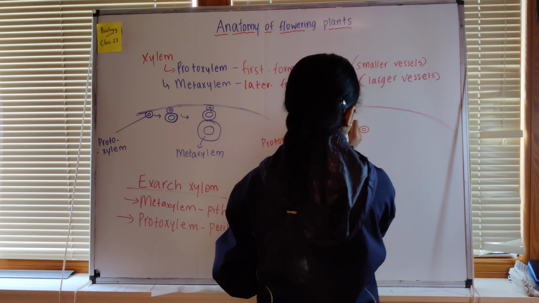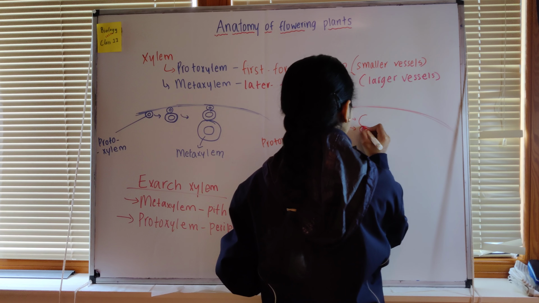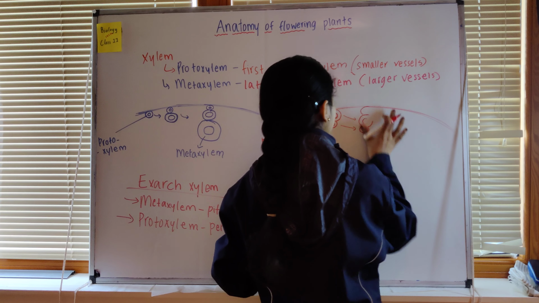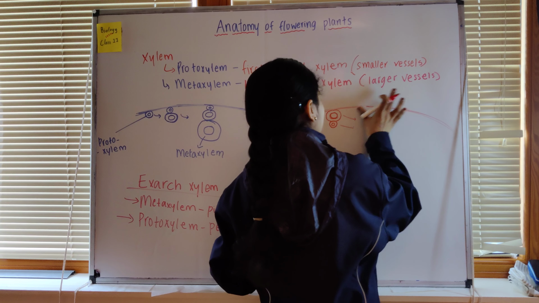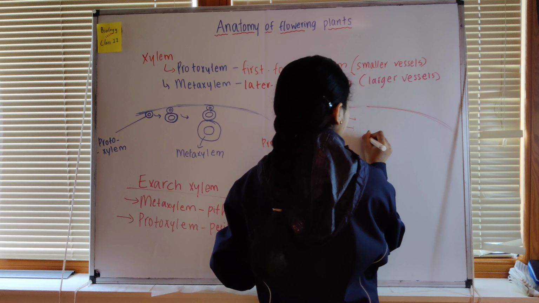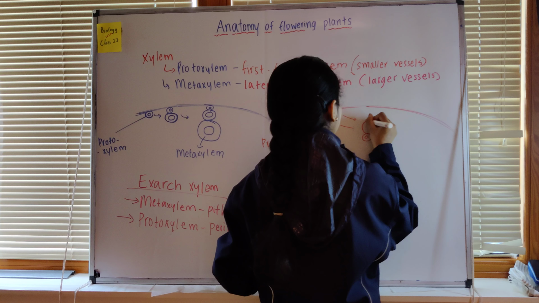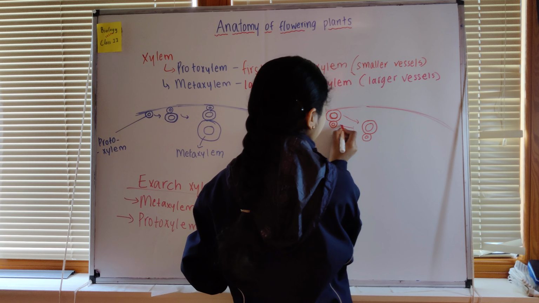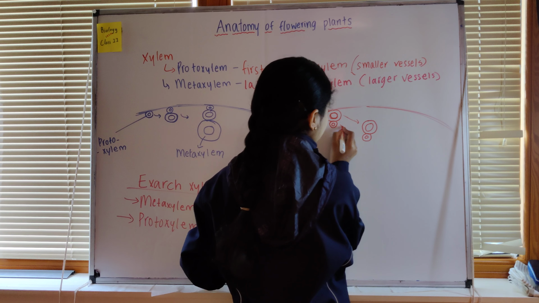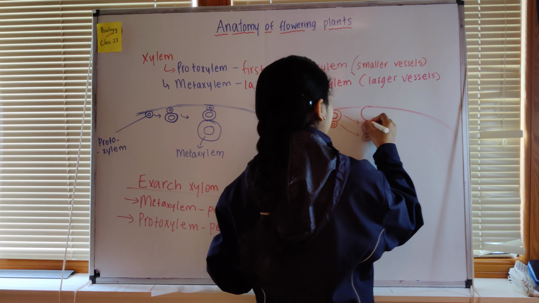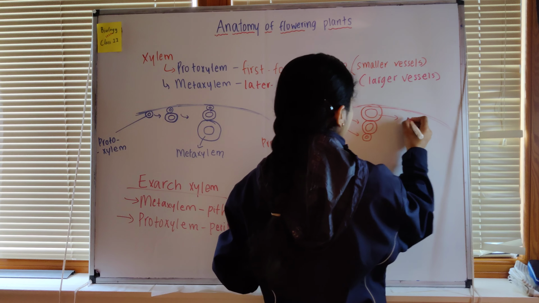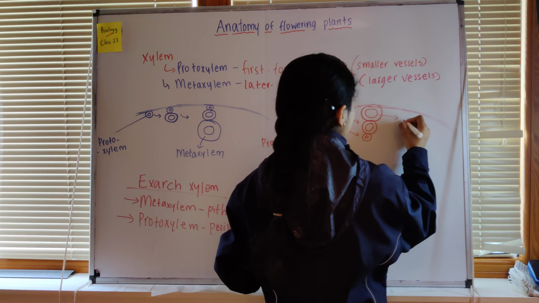Then this is going to change its position and become like this, and there will be another bigger vessel formed, and this is known as metaxylem, if this continues 3 times.